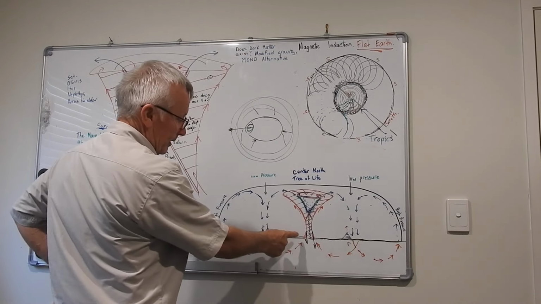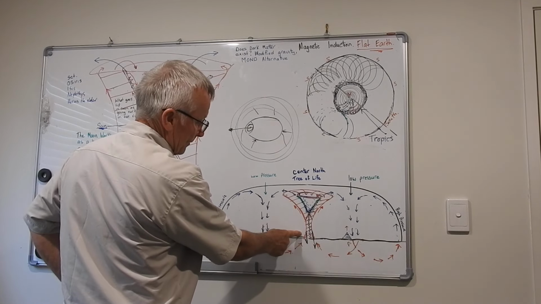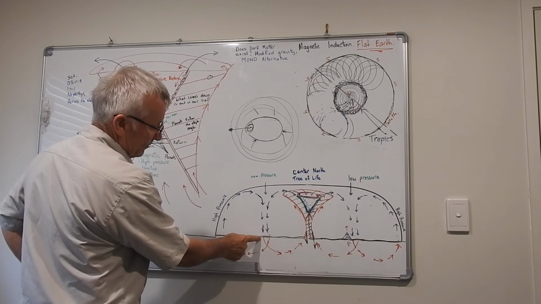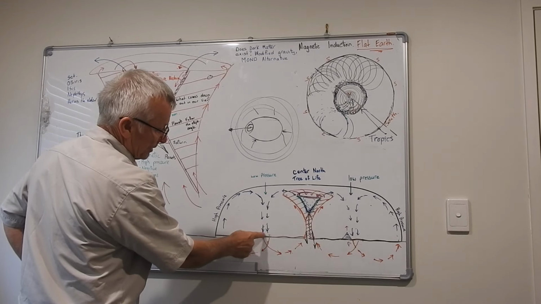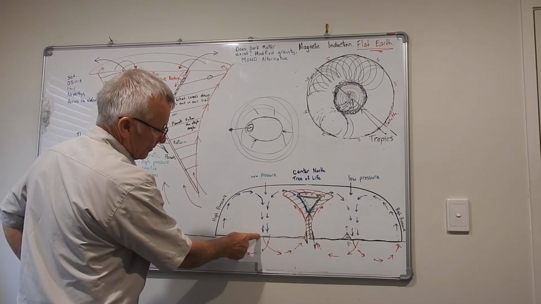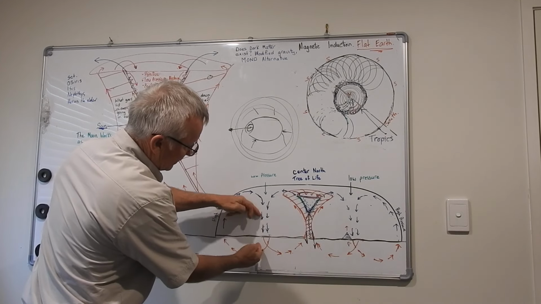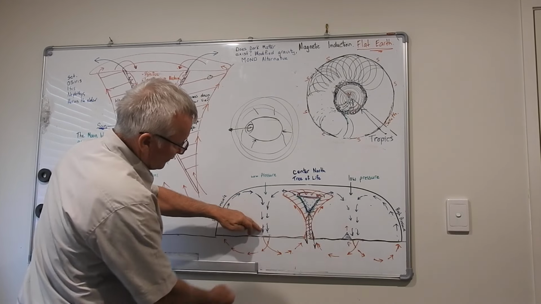This is why we have the magnetic field coming down like this. This is why we have desert on either side here. It's scorched earth from the magnetic fields meeting. You've got the positive and negative here.